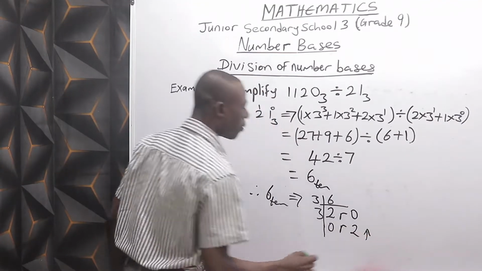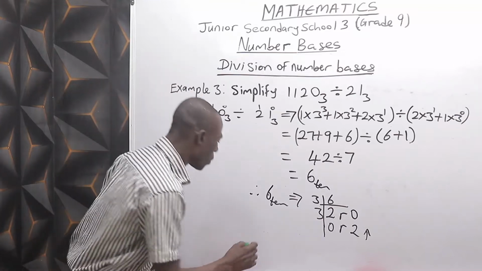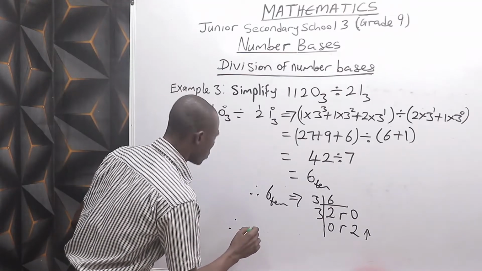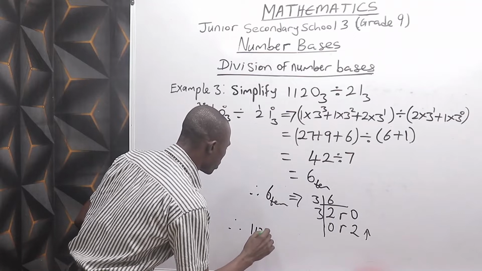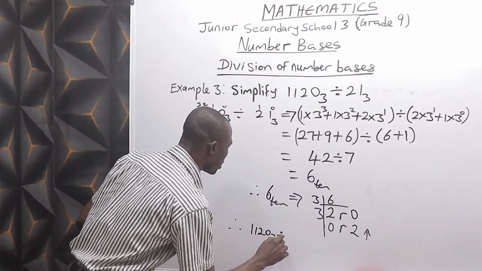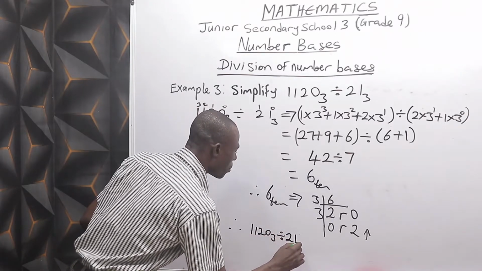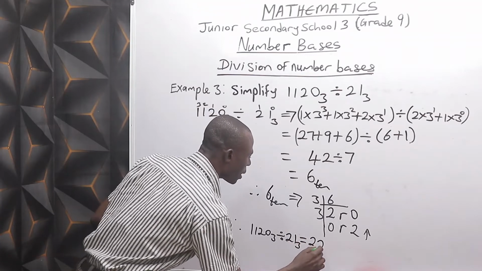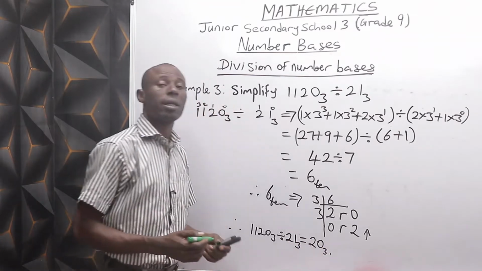Pick it from there, from that part. Therefore, 1120 base 3 divided by 21 base 3 equals 20 base 3. And that is the answer.